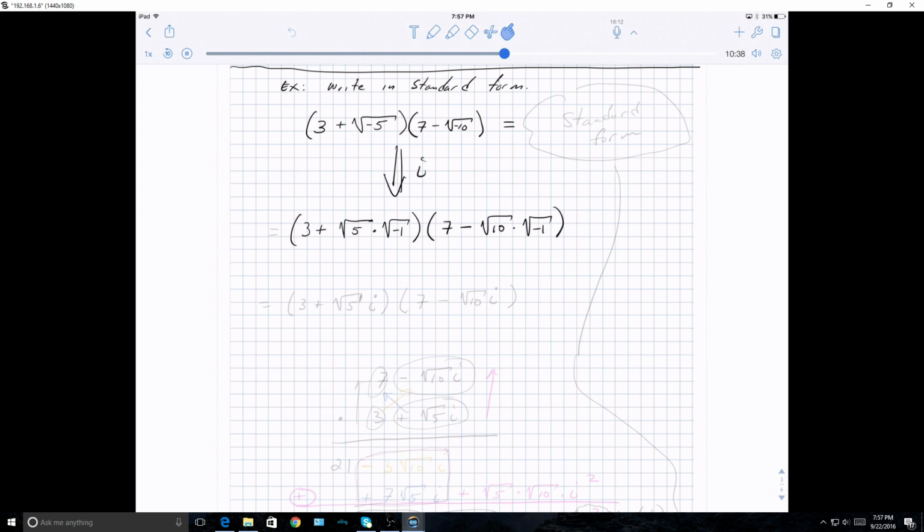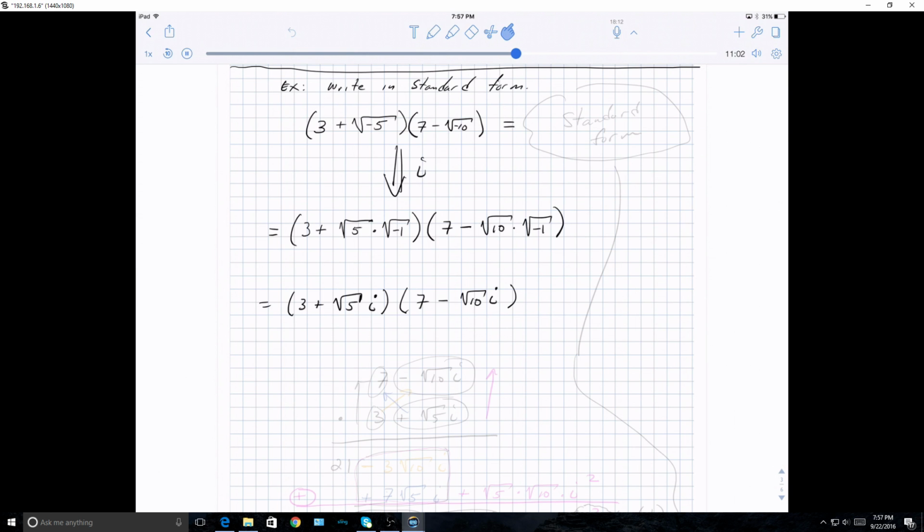So we know that the square root of -1 is really i. So this goes down to 3 plus root 5 i, and it's on the outside, that's what's making that little lip there, times 7 minus the square root of 10 i.